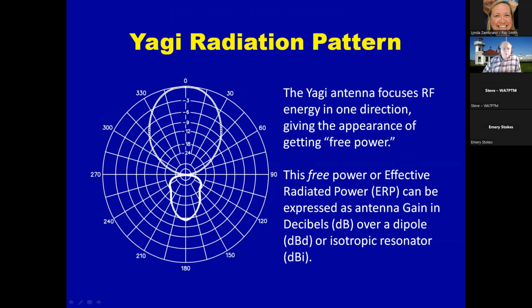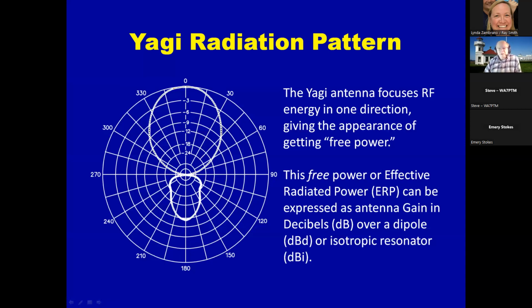I'm going to throw out a term here, an isotropic radiator. This is an imaginary, theoretical type of antenna, which would be like an imaginary point out in space that radiates energy equally in all directions. This is theoretical. Nothing like this actually exists. Manufacturers will often compare their antenna and say we have an antenna that's a 6 dB gain antenna.